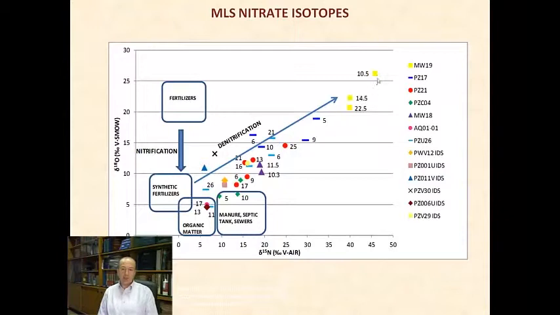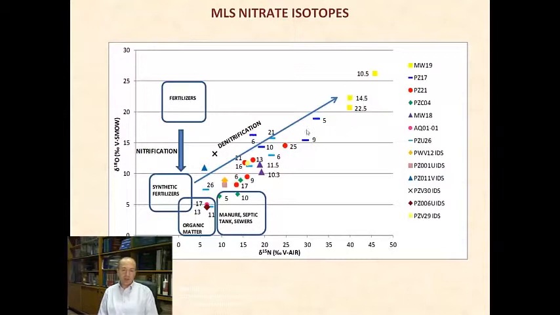And this denitrification can be more powerful in the shallow system. As you can see, for example, for this yellow sample, which is largely affected by denitrification, the shallow sample is more enriched than the other two.